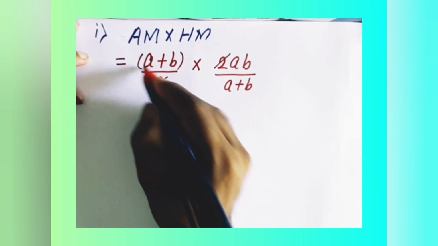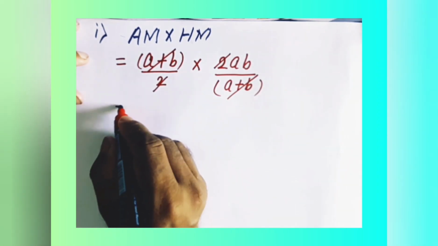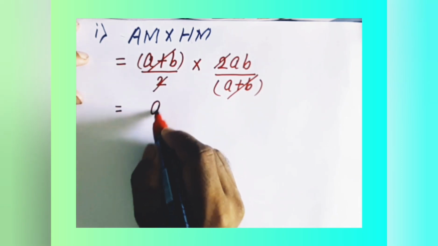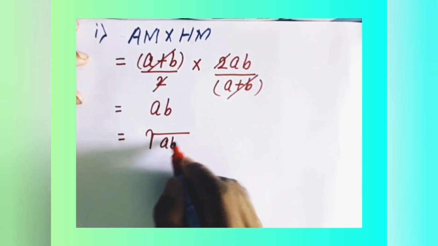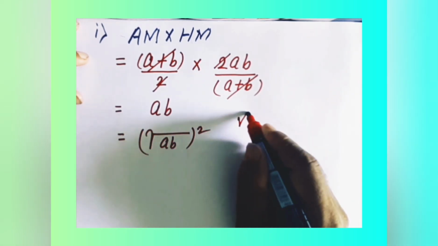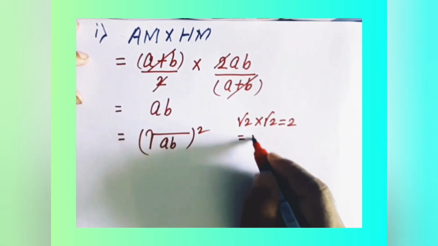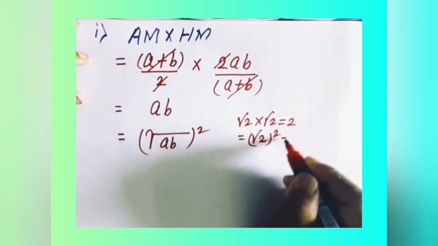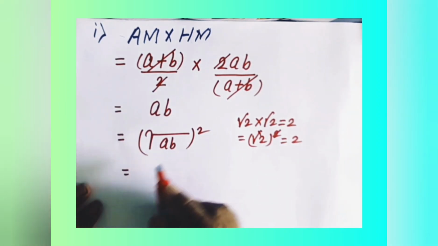This (a plus b) in the numerator and (a plus b) in the denominator we can also cancel. That means this becomes only ab. This ab we can write as root over ab whole square, that means root 2 into root 2 is equal to 2, so root 2 whole square is equal to 2. The square and root cancel, so this becomes root over ab.